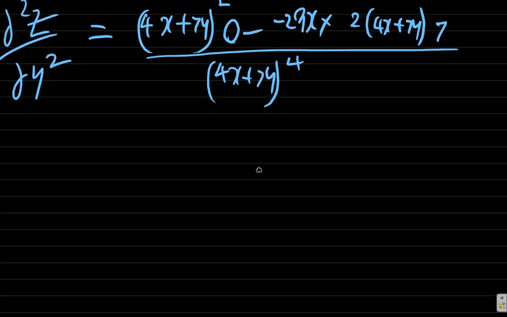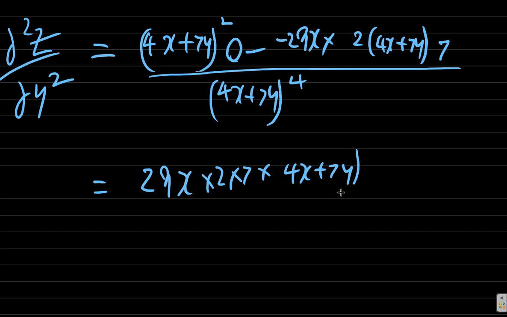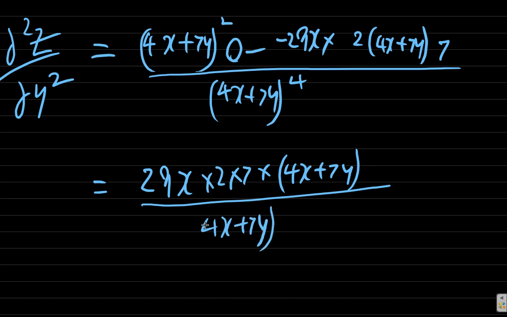Alright? So this would be minus negative, it's positive 29x times 2 times 7 times 4x plus 7y is what you would get here, over 4x plus 7y to the fourth. Alright. So how does this part go? 29 by 2 by 7. Let's see. 29 by 2 by 7 gives you 406.